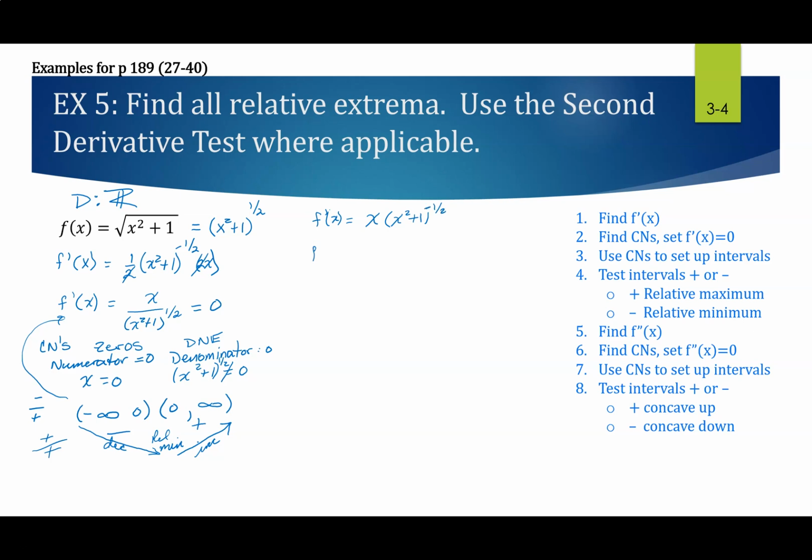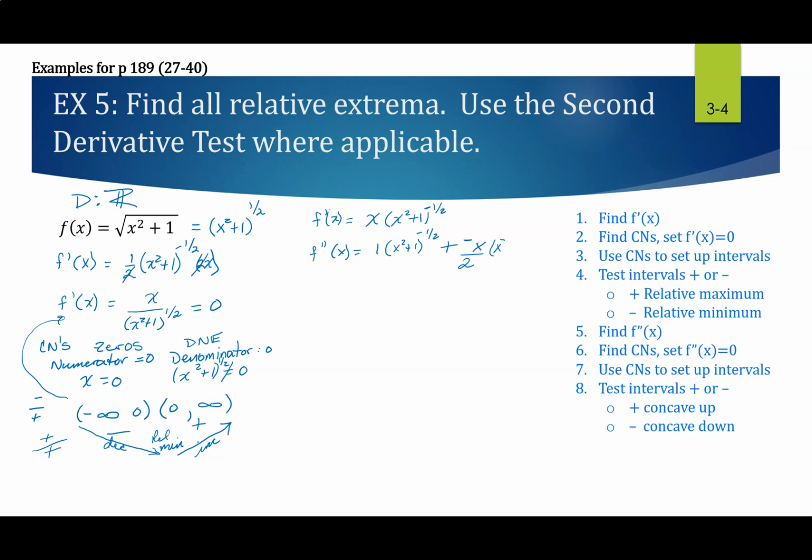And so deriving using the product rule, the derivative of x is just 1. The x squared plus 1 to the negative 1/2 stays. Then we're adding, the x stays. Notice how I'm giving myself a little bit of room because I know that exponent is about to drop. So that puts that as a negative 1 over 2, so negative 1/2 x.